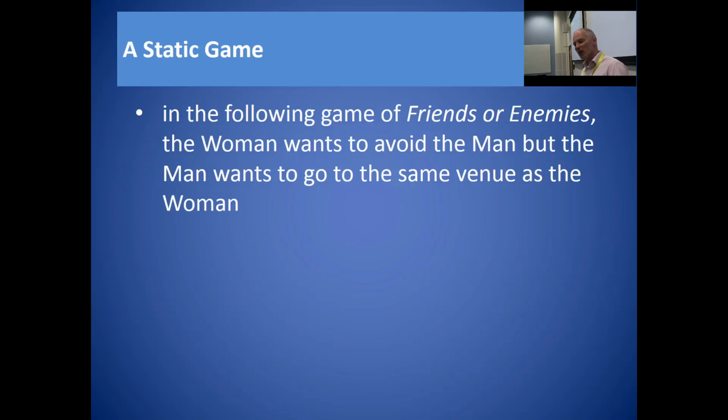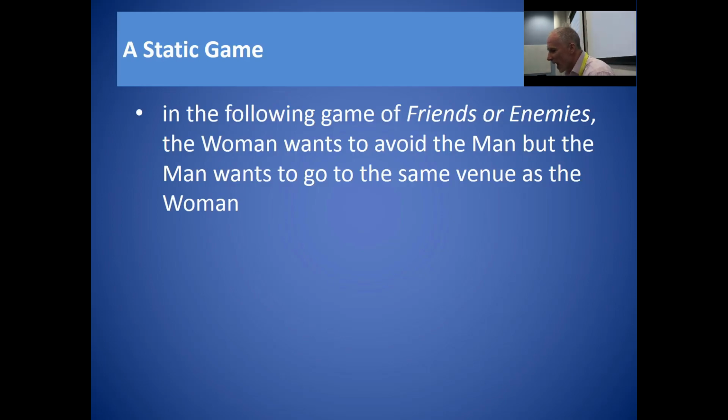Now in this game, and we'll call it friends or enemies, a man and a woman are deciding where they want to go for their New Year's Eve entertainment. And they have one of two choices. They can either go to a very lively party, or they could go to a much quieter venue, go to a hotel for the evening. So those are the two possible venues that our players, the man and the woman, can choose to go to.